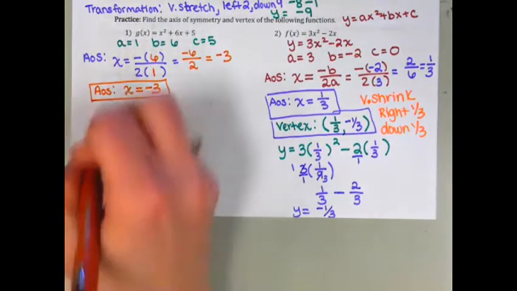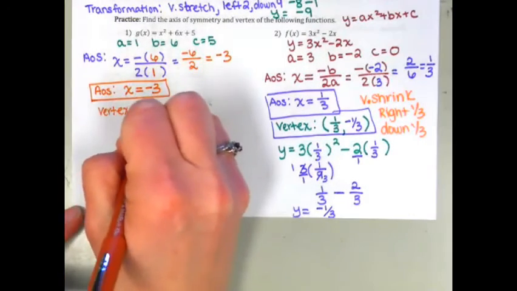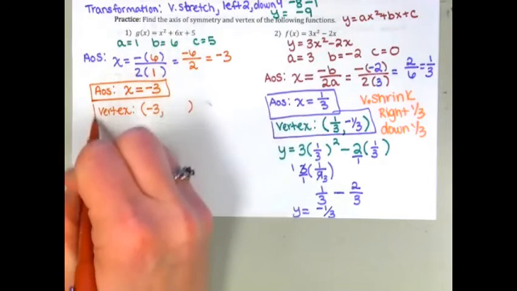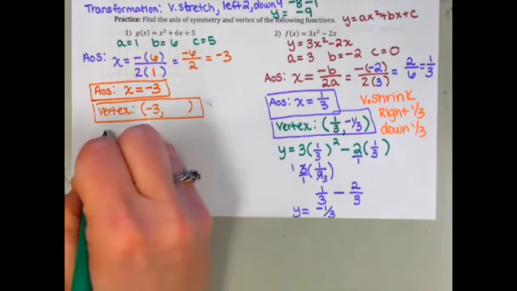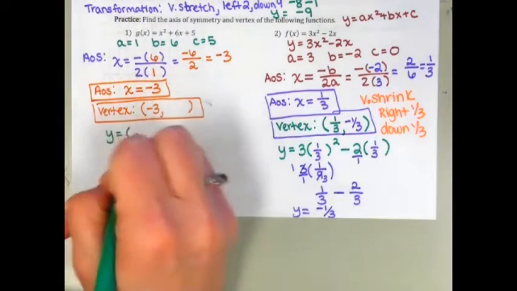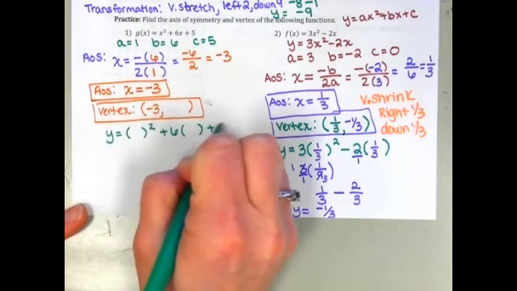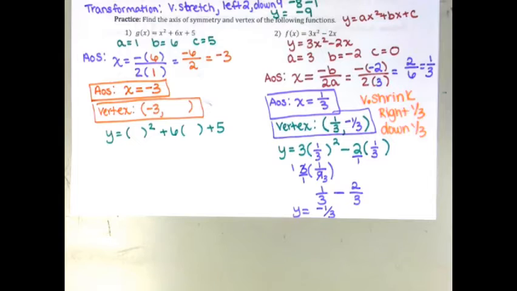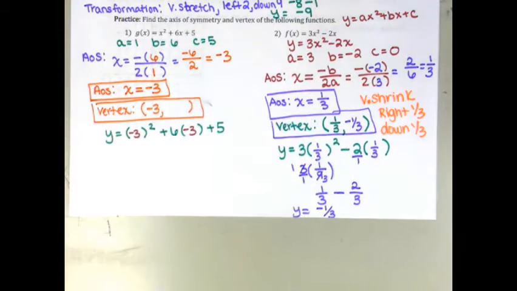Now, for your vertex, what's your x coordinate? -3. Now, go ahead and find my y coordinate. And how do we find our y coordinate? Plug it in. So y equals x squared plus 6 times x plus 5, and we're plugging in -3. Make sure you use parentheses if you're using a calculator.